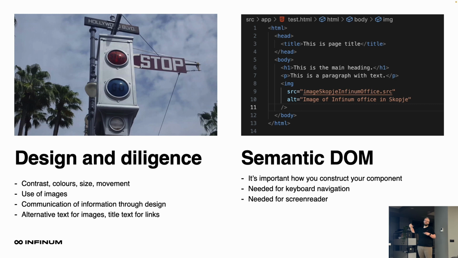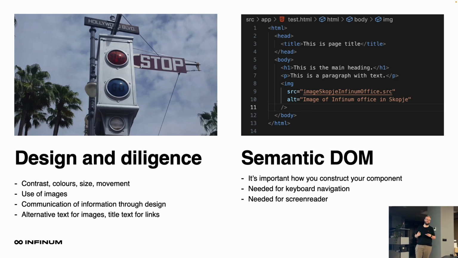For instance, you want to know if a shop is open on a specific holiday, and they have an image on top saying in big red letters, hey, we're closed tomorrow. But if that is an image, that is not accessible to some of your user base. The screen reader will not know what exactly it says on that image. So this semantic part of web design needs to also be well implemented.